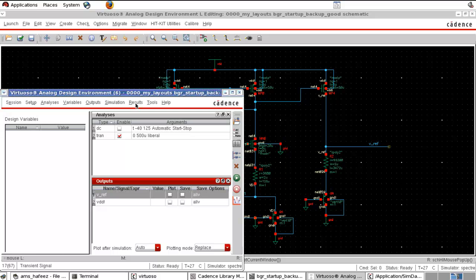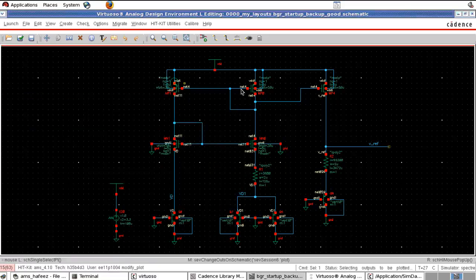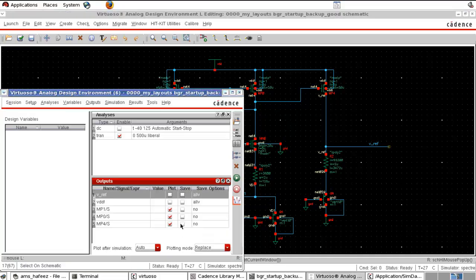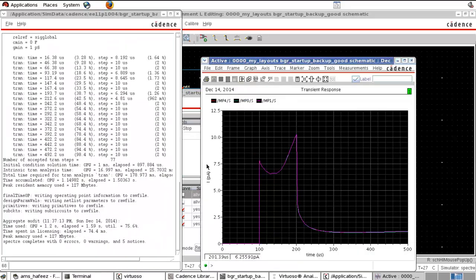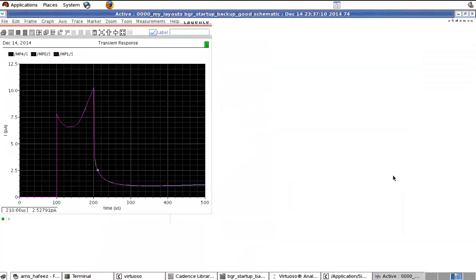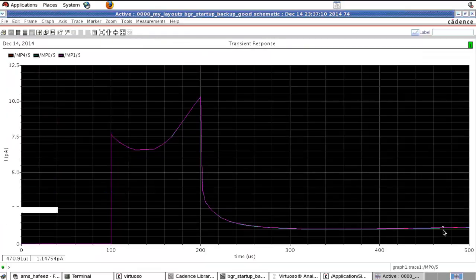We can plot the current also. For that we have to select the current through the 3 branches and let us plot them. You can see the current through the branches is in picoamperes only.